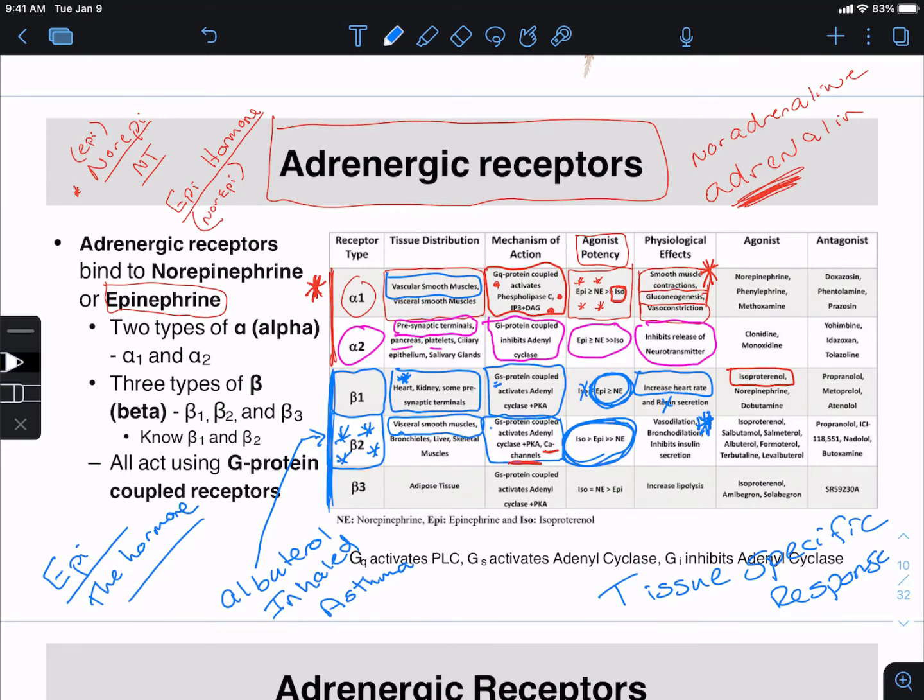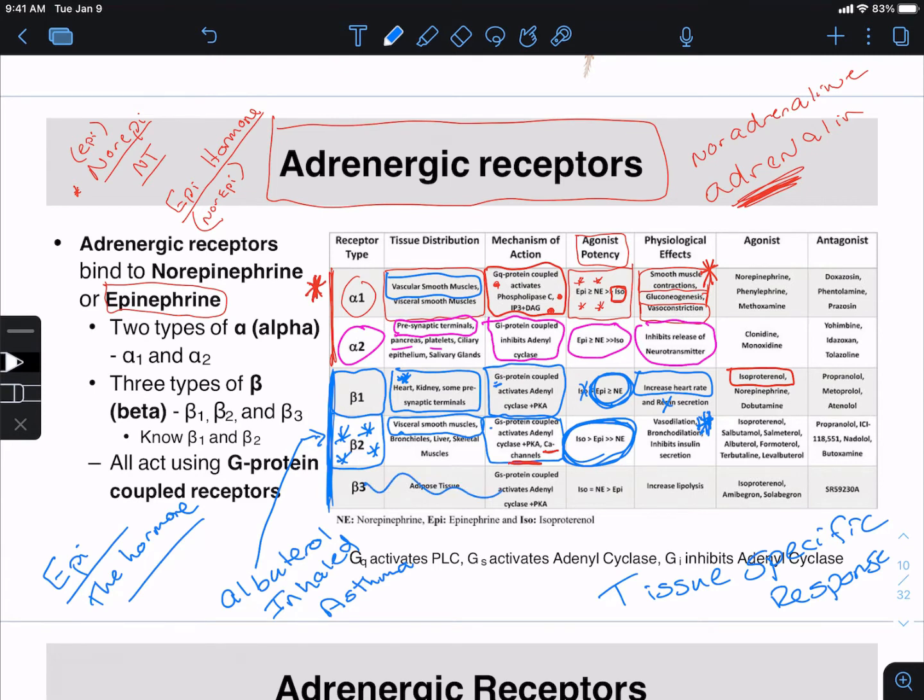If epinephrine binds to the beta-2 receptor, it's going to cause bronchodilation and vasodilation. So exactly the opposite of what it does on the alpha receptor. So two different responses based on the receptor type, and they are opposite responses. And we're going to talk about this more when we talk about blood vessel control and controlling blood flow. But this is a pretty important idea to understand and to really realize and look at.